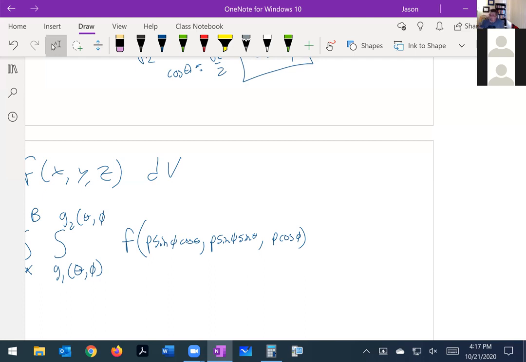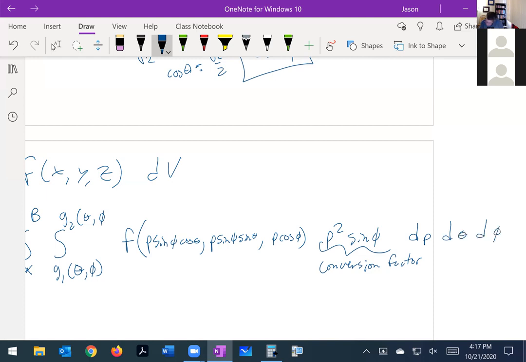In this case, because we're on the surface of a sphere, our conversion factor is rho squared times sine phi, and that's going to be d rho d theta d phi.